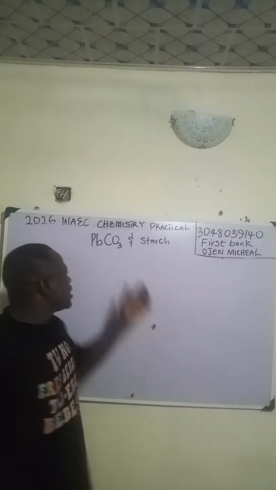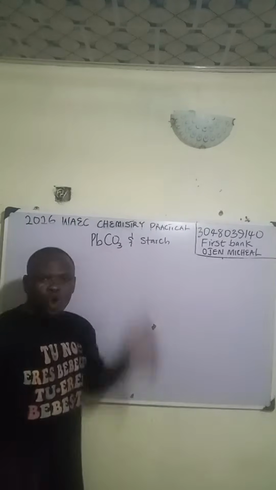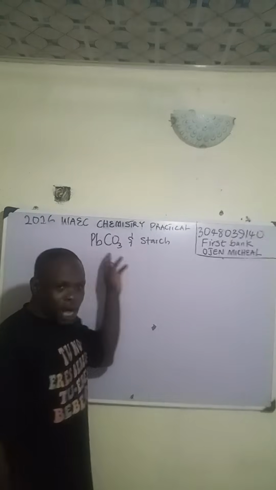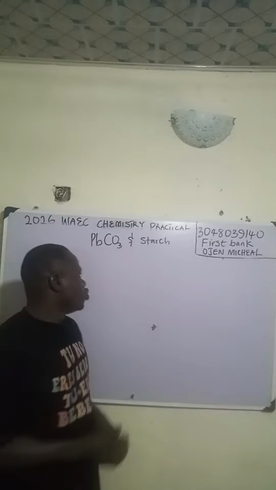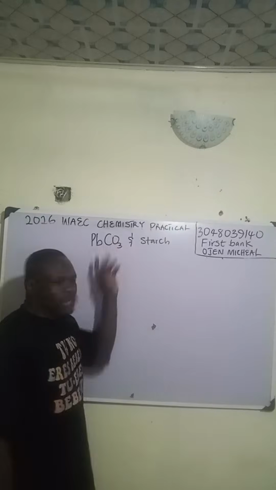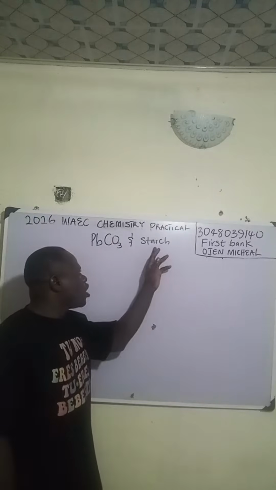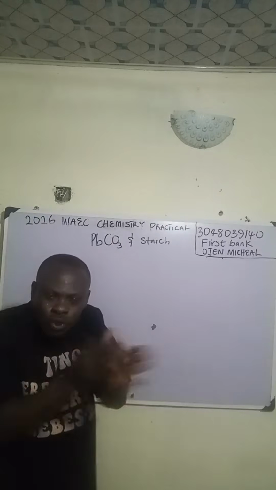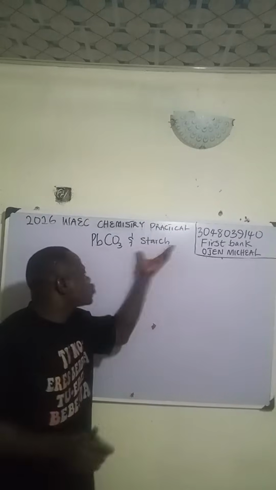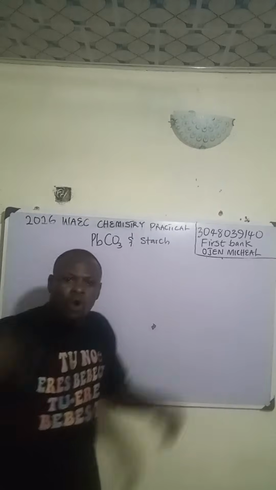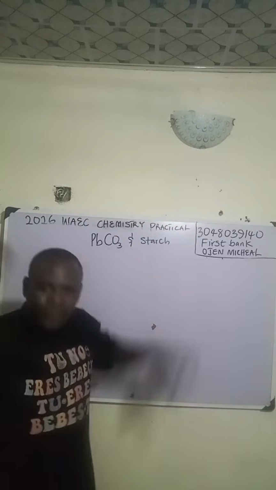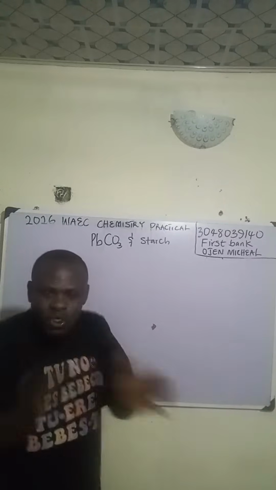We are asked that we should measure these in a ratio of 1:1. 1:1 means that if you measure this carbonate 2 grams, you must measure starch 2 grams. If you measure this lead carbonate 1 gram, you must measure starch 1 gram. You mix it together. Do you understand? He said we should mix the two things together in the ratio of what? 1:1. 1:1 means that if you measure this one 5 grams, you must measure this starch 5 grams. When you do it, you mix it together.